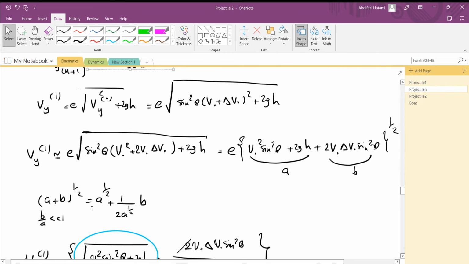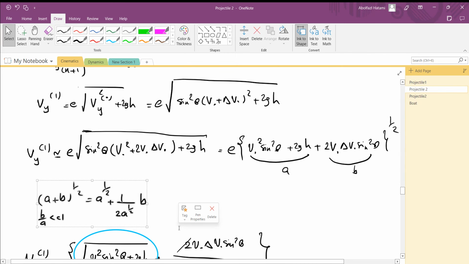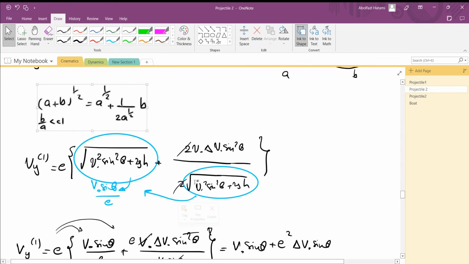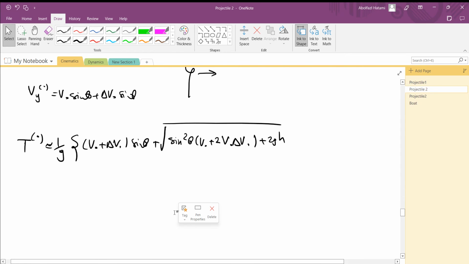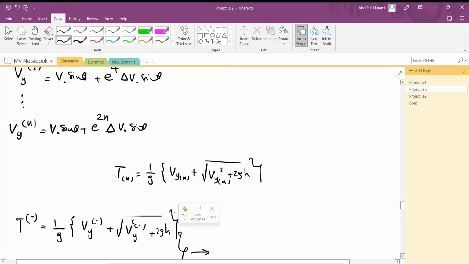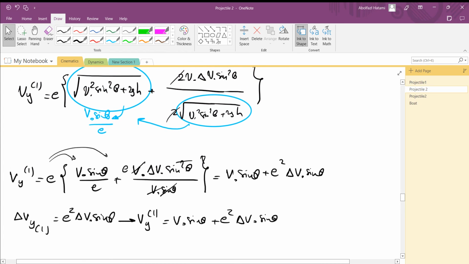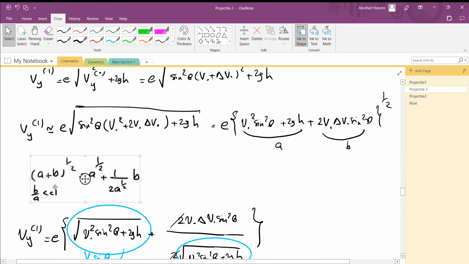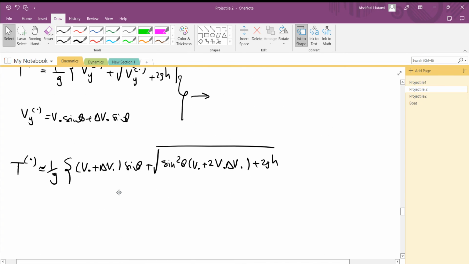And we do some approximation like this, and we obtained that it is going to be something like a to the power 1 over 2 plus 1 over 2 a to the power 1 over 2 plus b. So it is going to be the same.